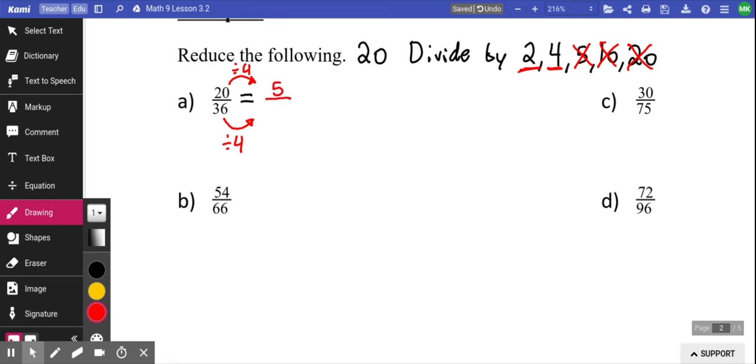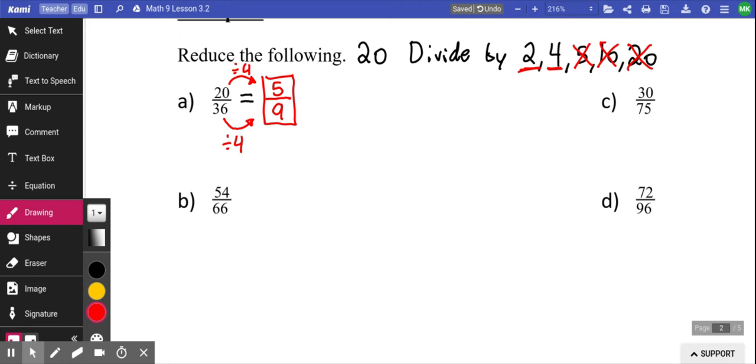So that gives me 5 over 9. And I know I've done the question because 5 and 9 cannot divide by anything. Right? 5 can only be divided by 5. 9 can only be divided by 9. They don't have anything they can both divide by, or 3. But they don't have something they can both divide by.